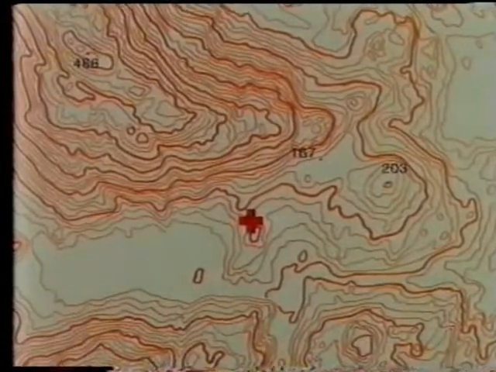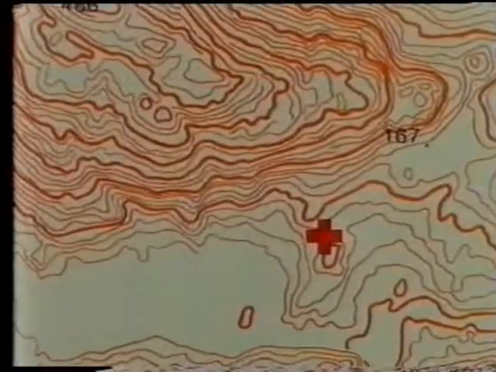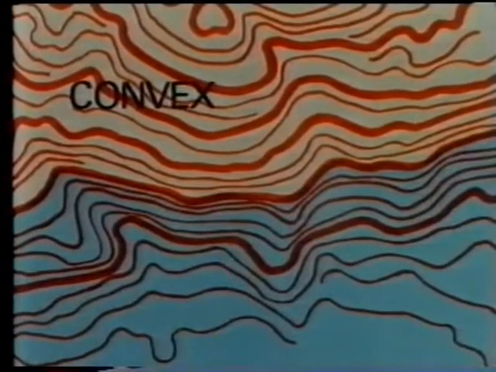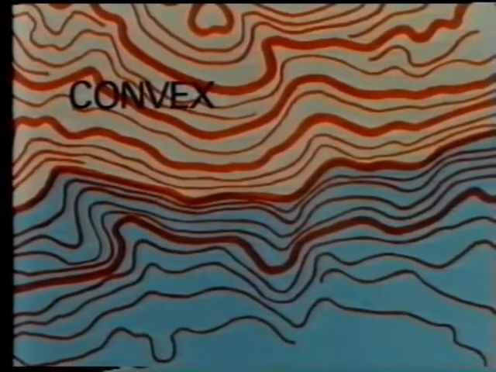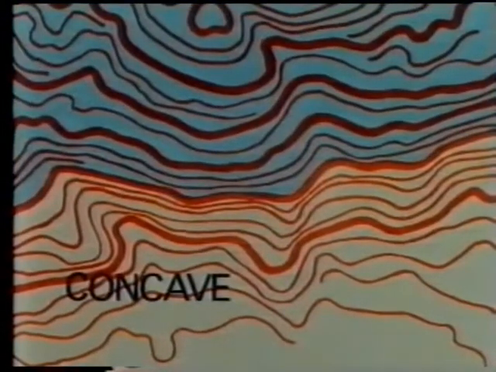The contours can tell us more. On this slope, they're more widely spaced at top and bottom than they are in the middle. So the slope will be convex at the top and concave at the bottom.